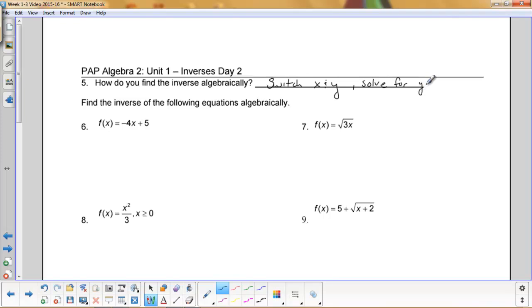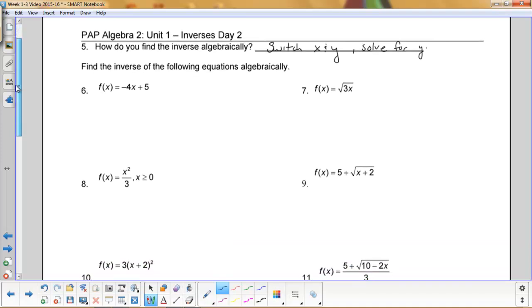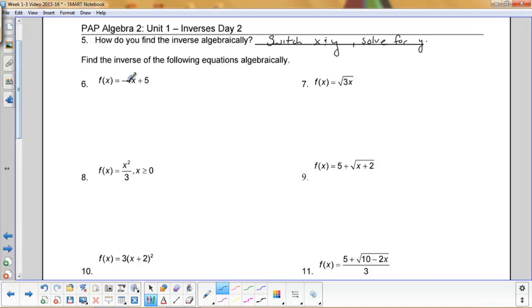Now the difference between yesterday's notes and today's notes, as you begin to see scanning through these problems, is that some of these have restrictions. That plays a very important role when we solve both a graph and its inverse. If one of the functions or one of the equations has a restriction, the inverse has to follow that same restriction as well. Okay? We'll take a look at that in a couple of examples.